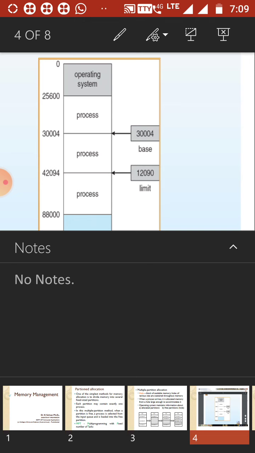Come to understand the second program: the second process is available in the memory location 30,004 to 42,094.